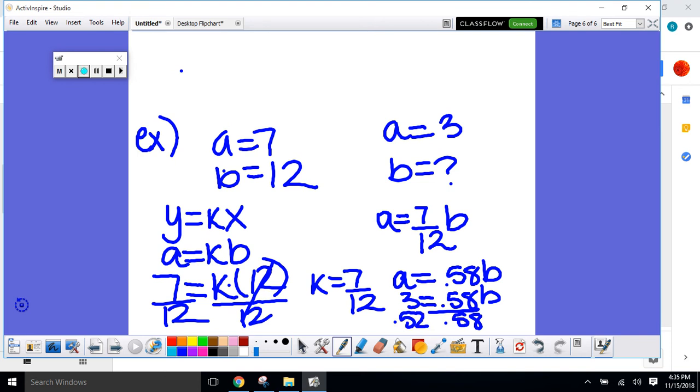So 3 divided by 0.58 gives me 5.17. I think that's the same answer we had gotten earlier. B equals 5.17, and that's pretty much it.